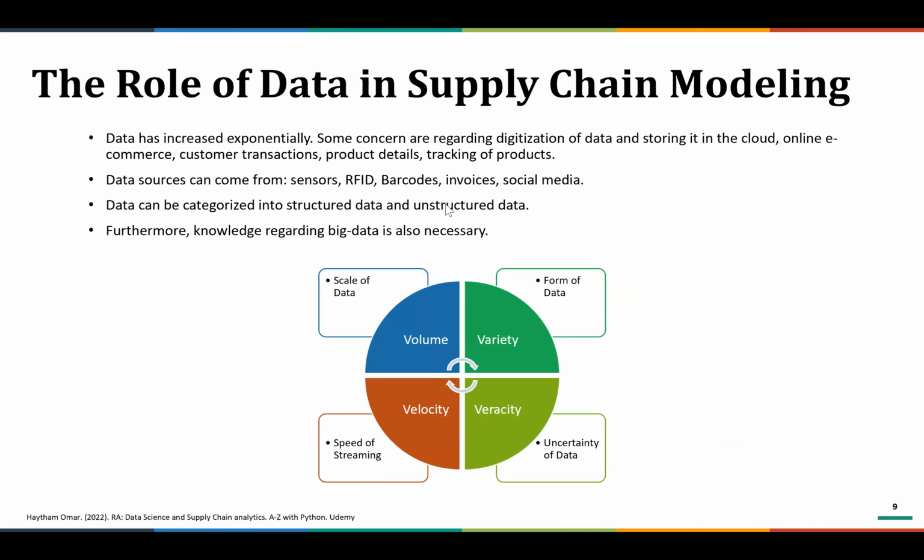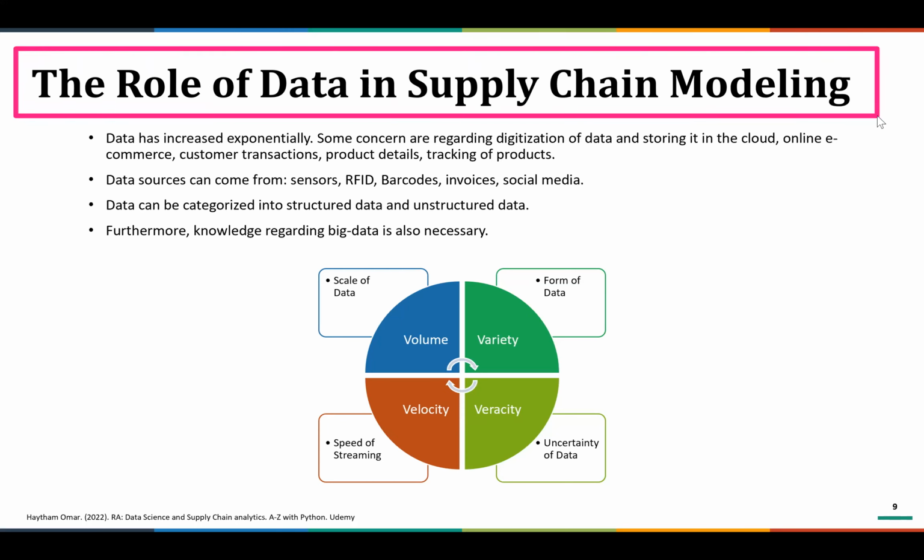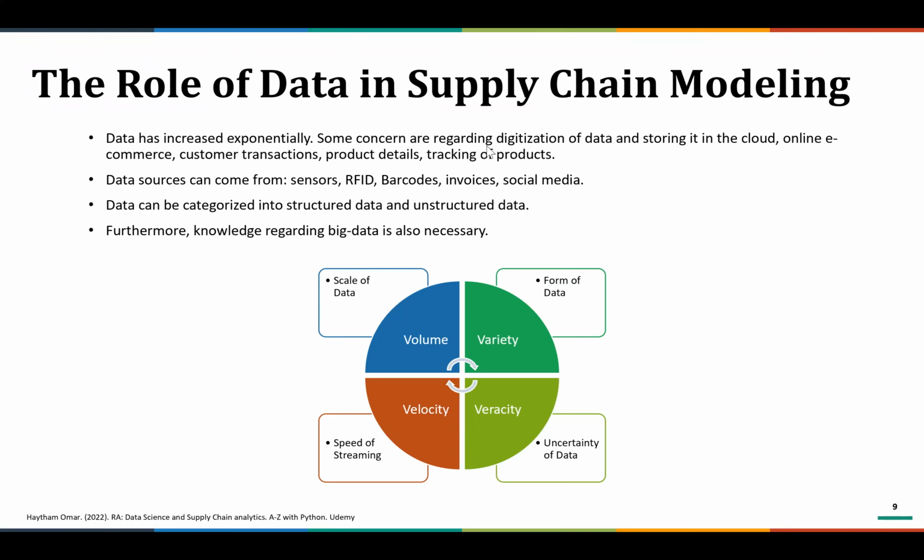Now recognize that business understanding would need a lot of data. Of course, it is obvious that the role of data in the supply chain is very necessary nowadays, especially when you are going to make operational decisions as well as tactical decisions, and also strategic decisions, which I already discussed in the first meeting.